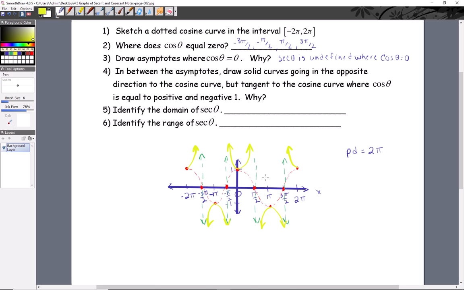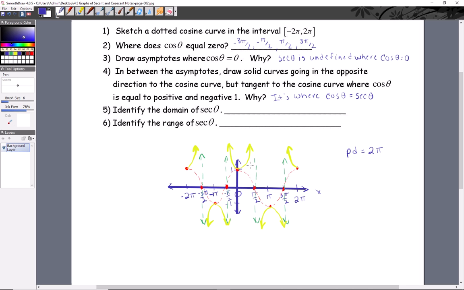And so we did that. We made it tangent to that cosine curve that we drew dotted. And that's where we have cosine equal to 1 and down here at negative 1. And the reason that we do that is because, again, it's where cosine theta equals secant theta.